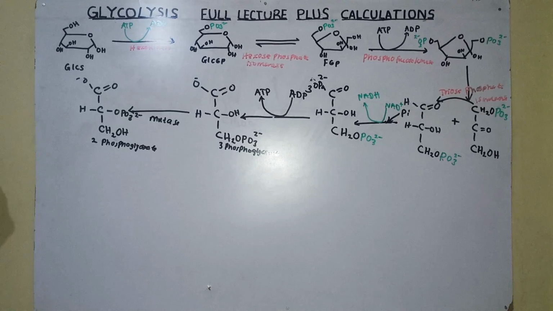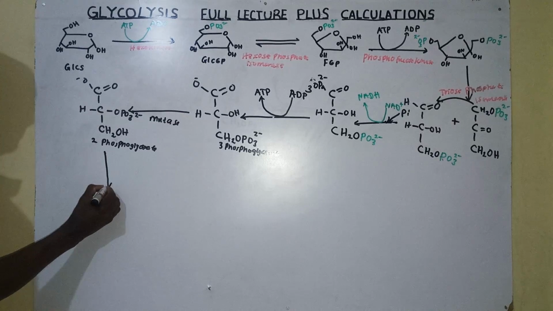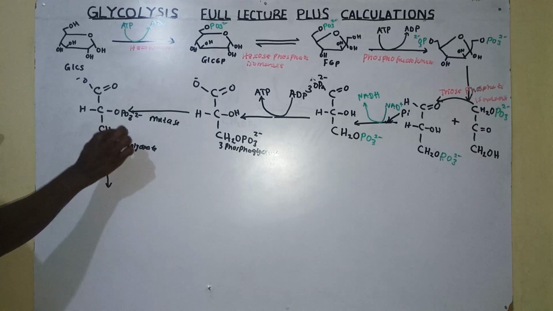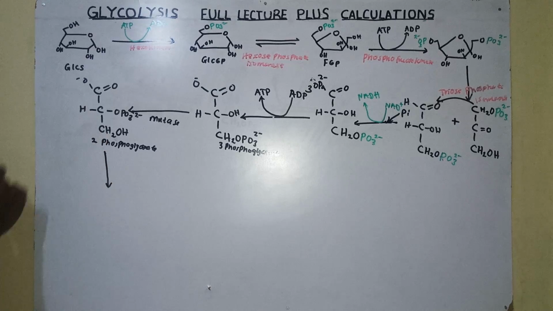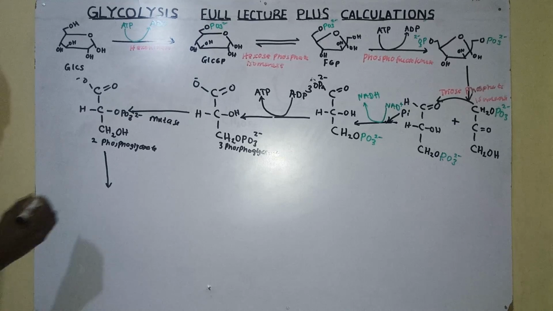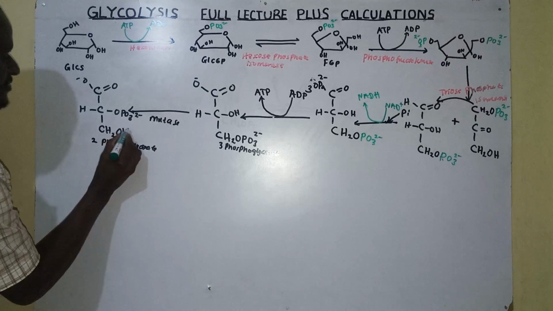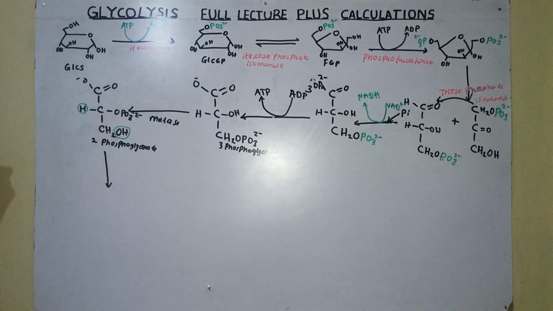So the next step is carried out by enolase enzyme. So the role of enolase enzyme is to carry out a condensation reaction, or we can still call it a dehydration reaction, between C3 and C2 of 2-phosphoglycerate, so that we form phosphoenol pyruvate. So it is this group of atoms that are removed from the molecule.